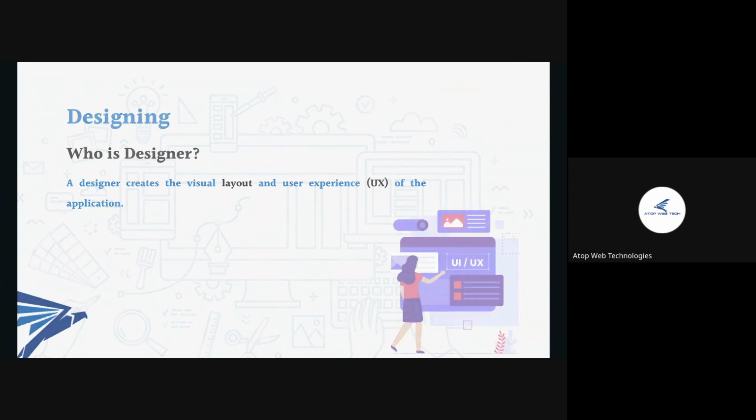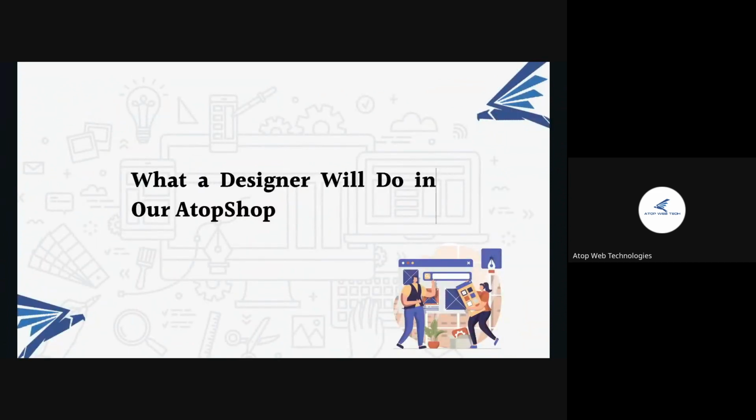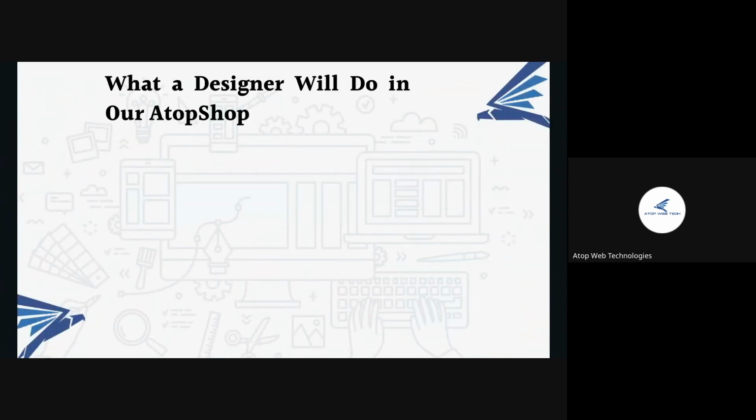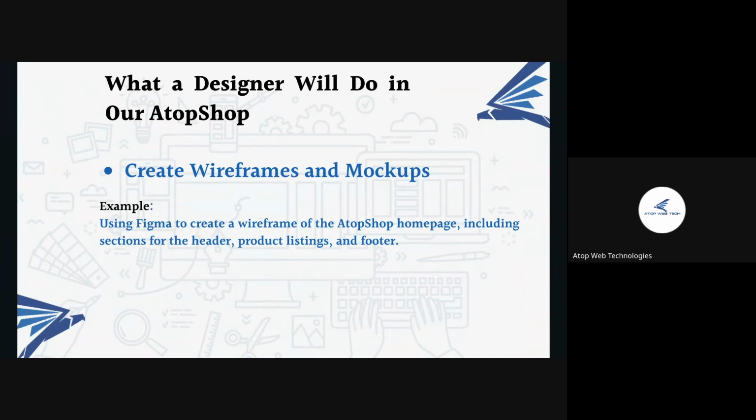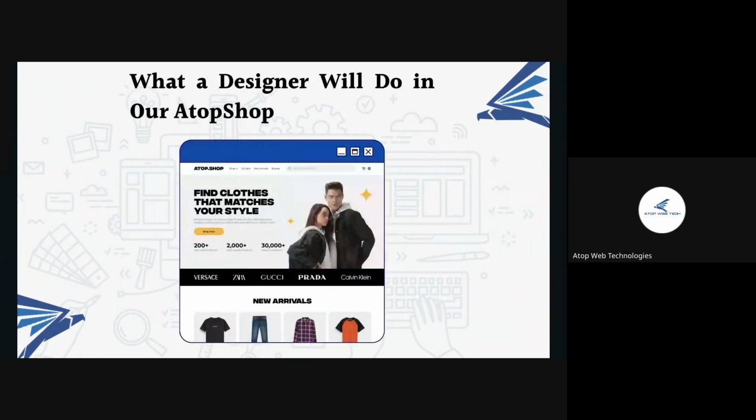In our E-Top Shop, a designer would create wireframes and mockups. They might use Figma, as an example, to create a wireframe of the E-Top Shop homepage, including the sections for the header, product listing, and footer. So this is an example of what a designer would create.